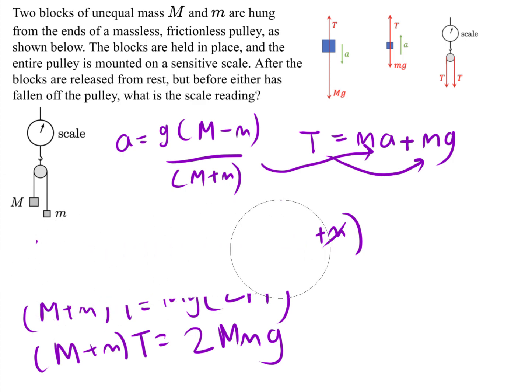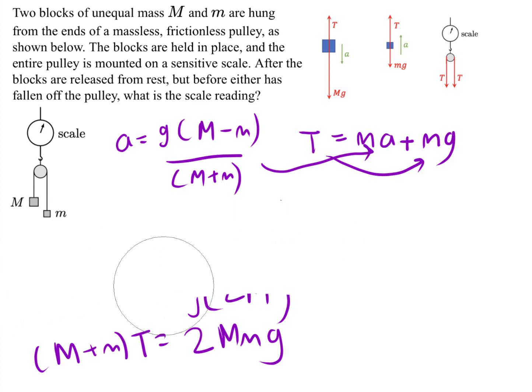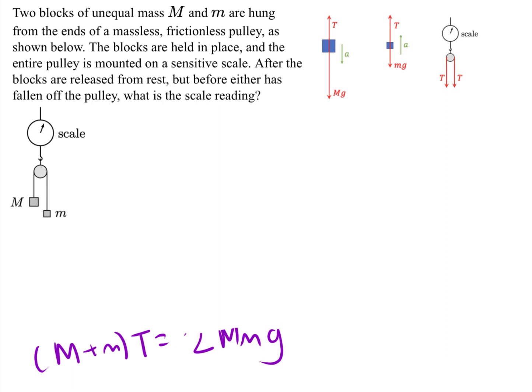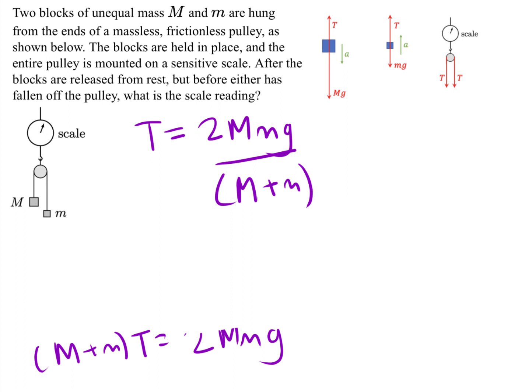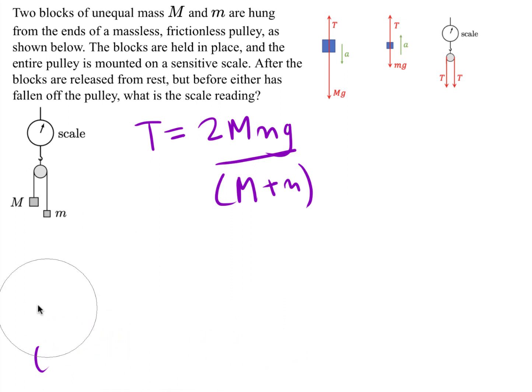And then all we really have to do is divide by big M plus little m. So your final equation should be that the tension is equal to 2 times big M times little m times the acceleration due to gravity divided by big M plus little m. And that is the tension force in the rope.